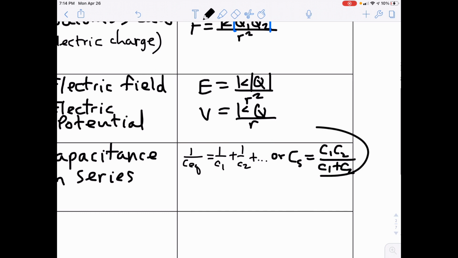Now this only works for two capacitors at a time. Naturally, what typically has to be applied in problems involving capacitors is charge is equal to capacitance times the potential difference.